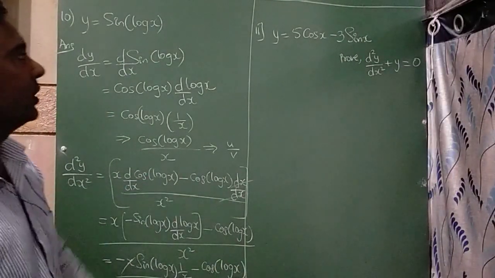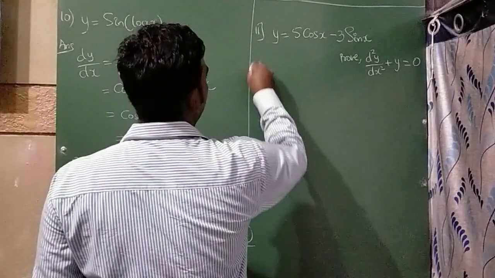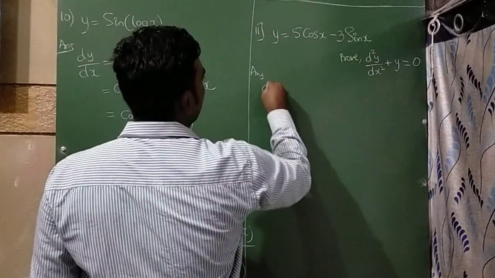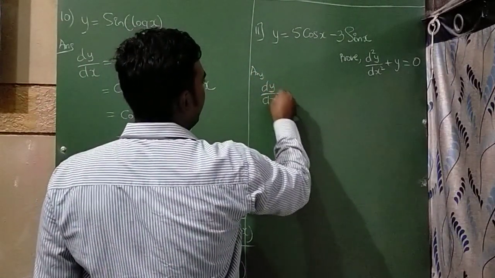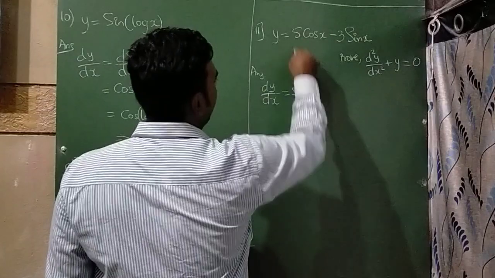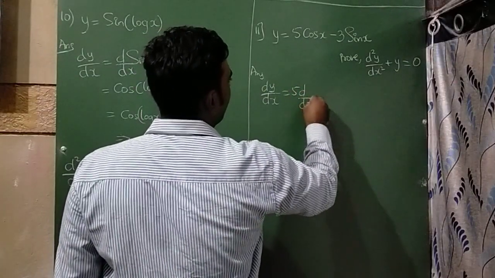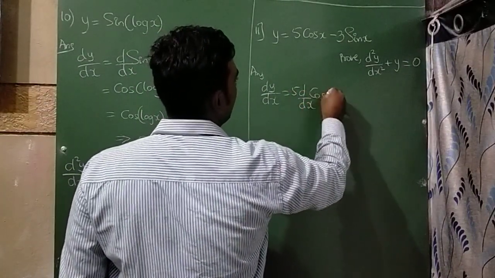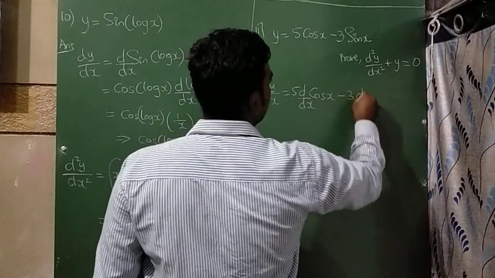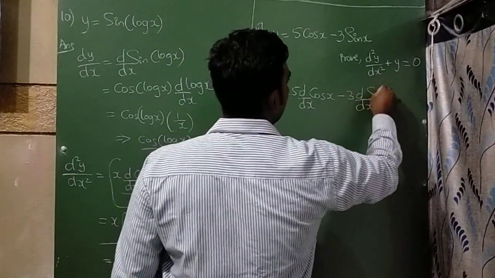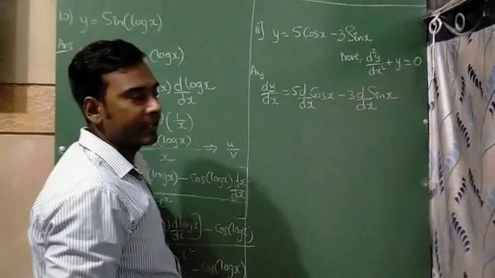So let us move on to the 11th question now. So dy by dx is equal to, write this 5 outside, 5 dy by dx of cos x minus 3 dy by dx of sin x.